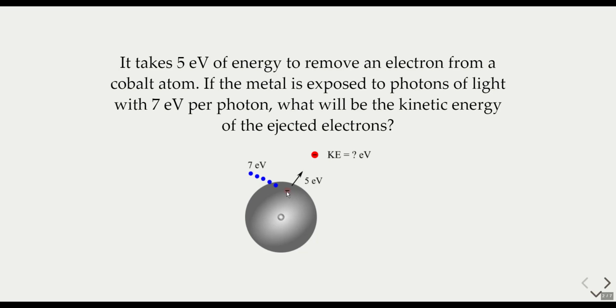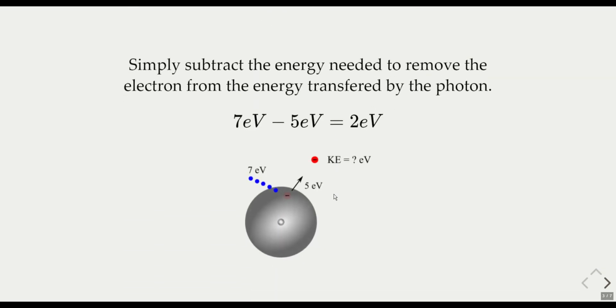And the question we're asked is, how much kinetic energy will be left over after we eject those electrons, on the assumption that we came in with enough energy both to remove the electron and still have some energy left over? Well, you can tell by looking. I come in with 7 per chunk. I give all that energy to this electron that needs 5 to get it away from the atom. Well, how much is left over? Well, just 2. 7 minus 5 is just equal to 2.